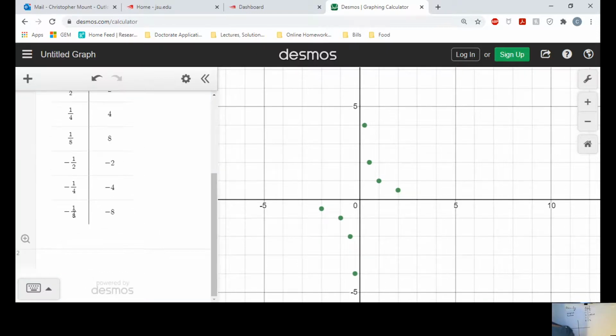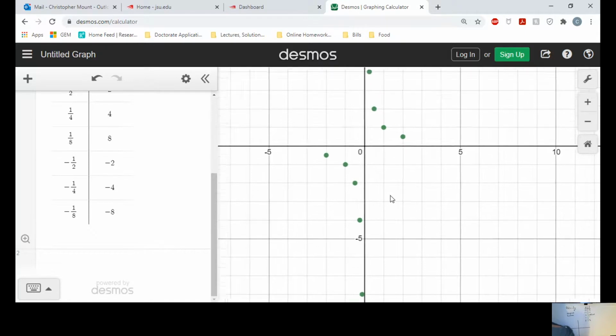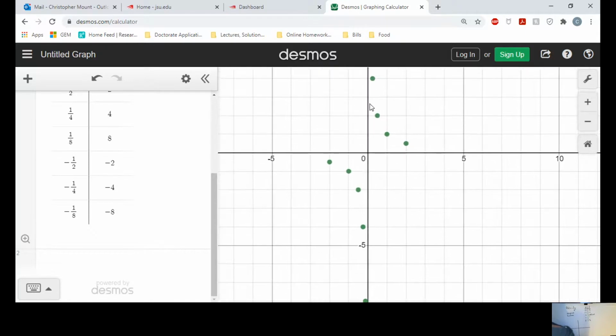You see, these are the 3 new points I added, and there they are represented. There's -1/2 as the x value, -1/4, and -1/8, respectively giving outputs of -2, -4, and -8. So we're getting an idea definitely about what's happening near the y-axis where x becomes 0.